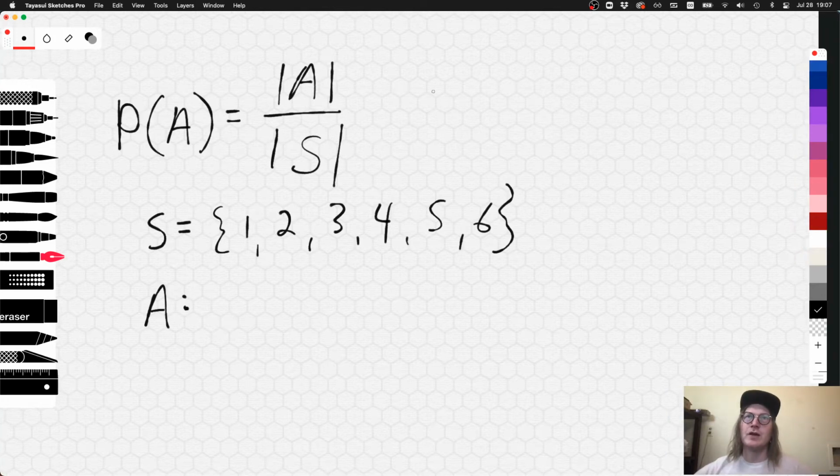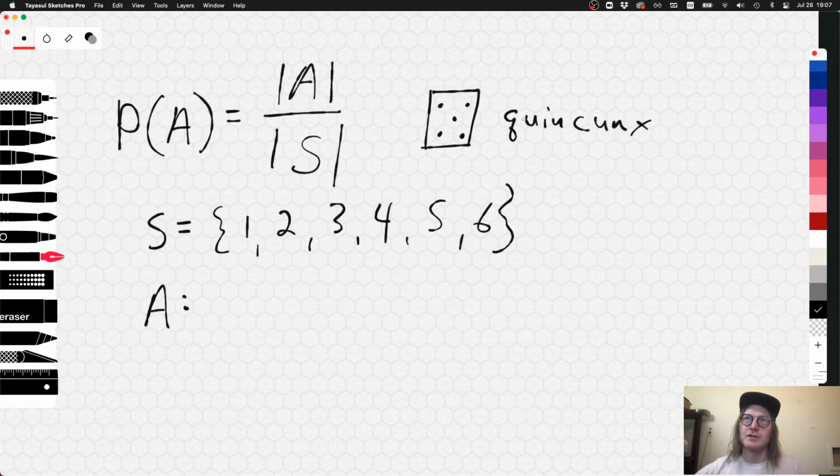And just as a reminder, if we're drawing a die, a pip is one of these dots. And actually, this shape is absolute trivia. I believe this shape is called a quincunx. I might be spelling that wrong, but you never need to know that, so don't worry about that.